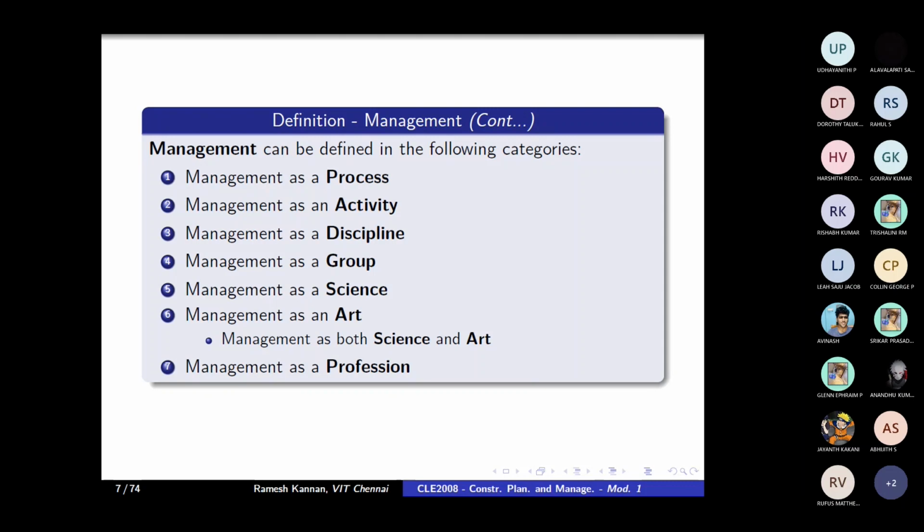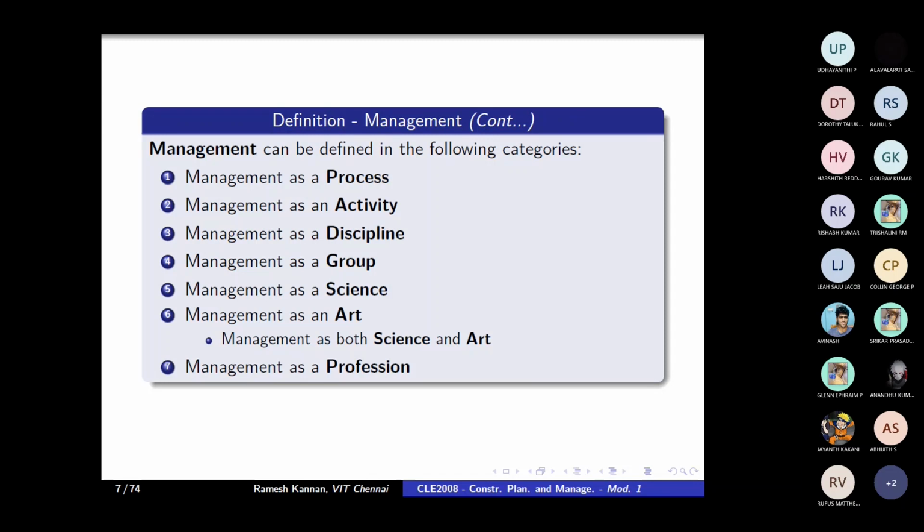Then management as a group, right? This is what I called, in the previous scenario, the board of managers, or the set of people who are considered the topmost people. So that's called management, right?